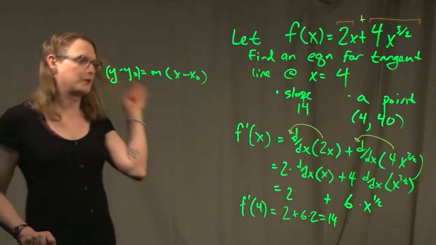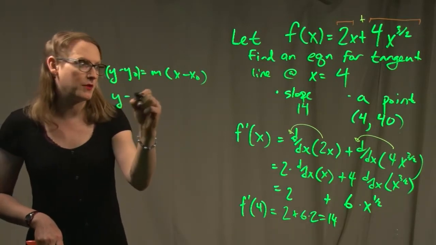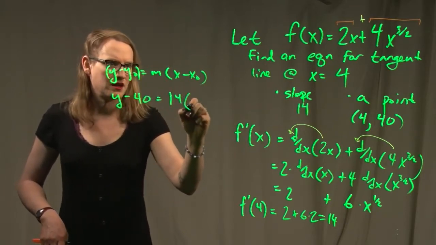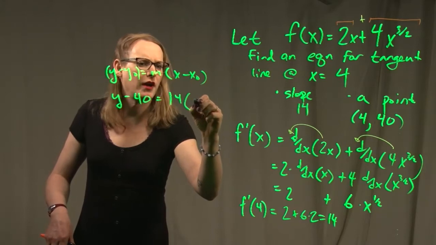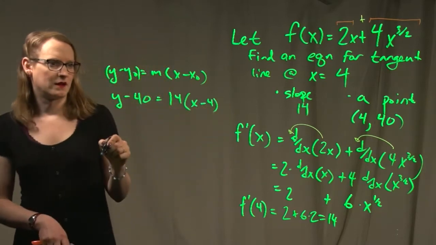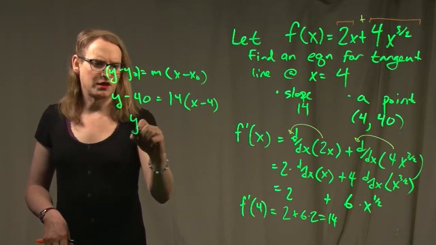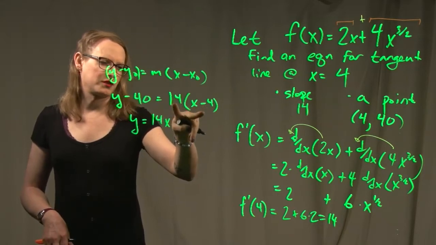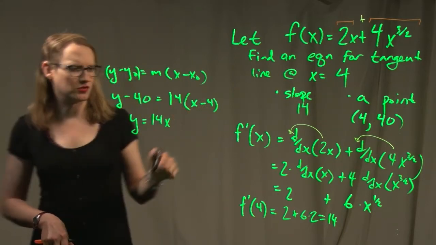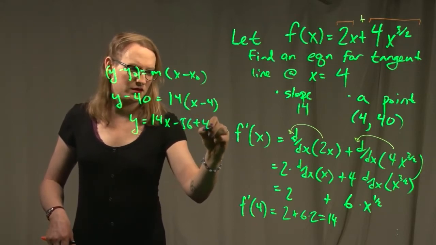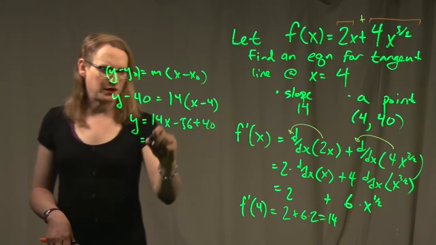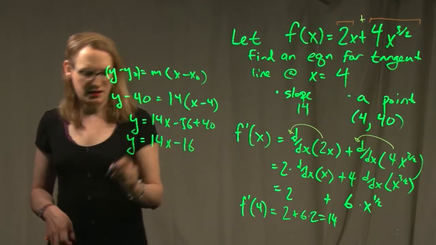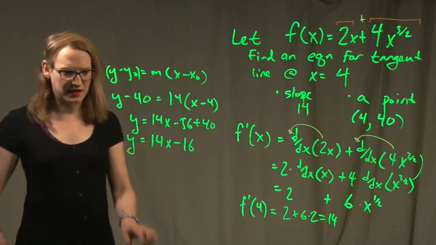And then I'm immediately going to drop them because I'm going to go y minus 40 equals 14 times x minus 4. I'm going to simplify. So we're going to get y equals 14x. 14 times 4 is the same as 28 times 2, which is 56, plus 40. So that's going to give me 14x minus 16. And I have my equation for the tangent line.